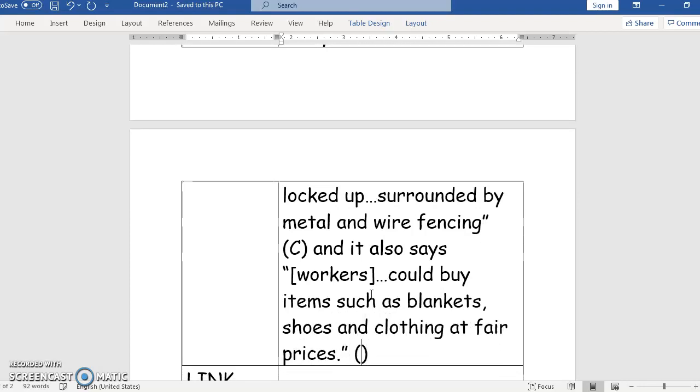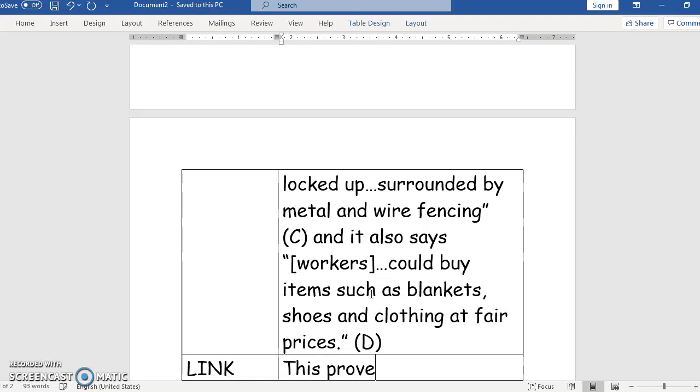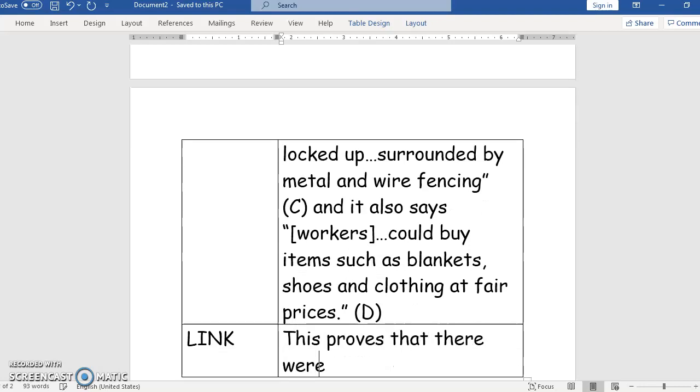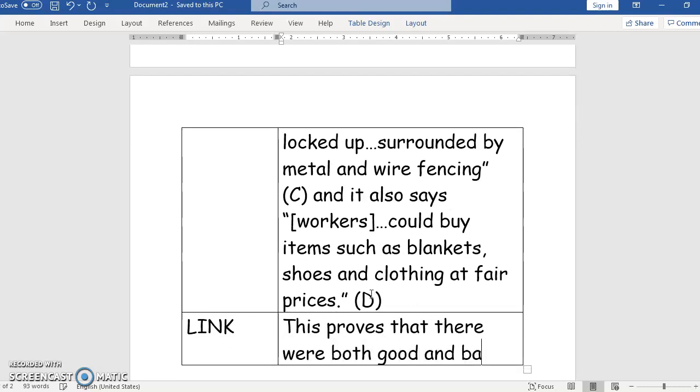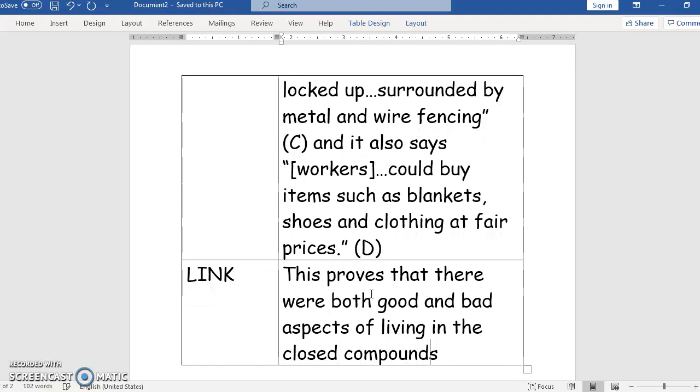And then in brackets, I'm just going to write D, so I know that information is coming from source D. Right, so there's our two examples. And now we can go to our link. Our link is basically like a little conclusion. So we would write, this proves that there were both good and bad aspects of living in the closed compounds.